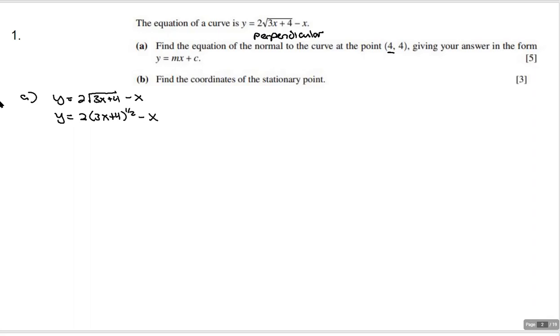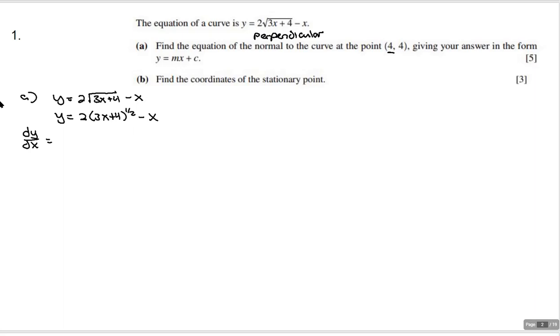I'm going to do this in parts. When I want to find the derivative, I'm going to write dy over dx. When you're doing a derivative, you multiply by the exponent and then subtract 1 from the exponent.